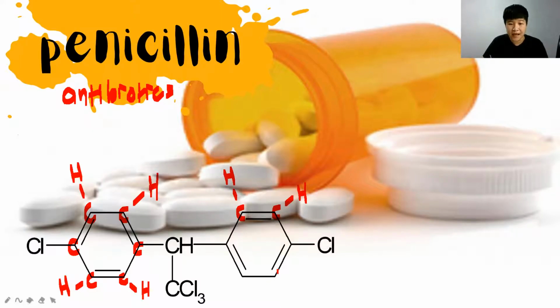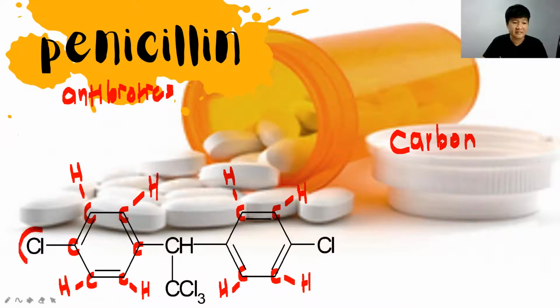Bear that in mind, every carbon in this world must have 4 bonds. No matter if it's single, double, or triple, it must total 4 bonds. So in penicillin, what elements made up this antibiotic? First and foremost, carbon. You can see carbon is the one making up this antibiotic. Other than carbon, we have the presence of Cl, which is chlorine.